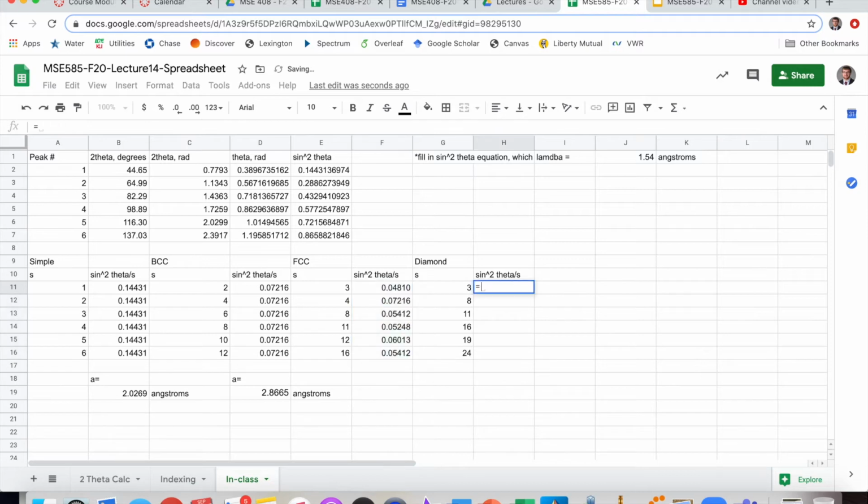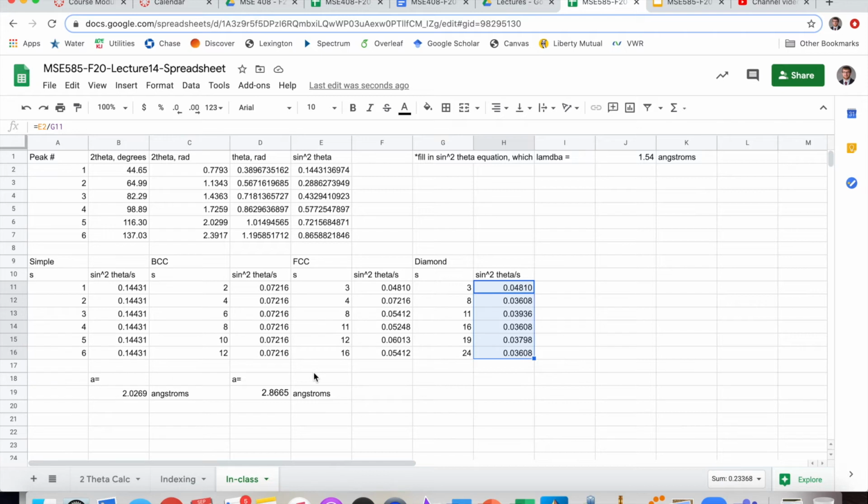And the same thing for diamond. And extend. Okay, so we've really just done all the work for all the cubic systems, so we don't have to do it sequentially.